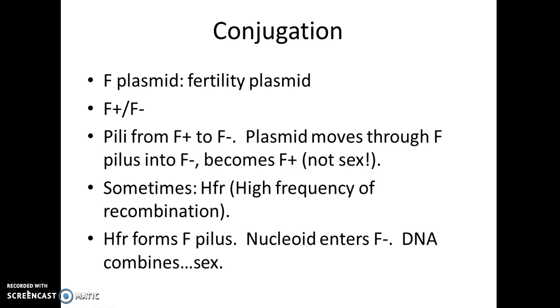Now, there are ways to transfer the F plasmid from an F plus to an F minus, and that is through a pilus. So a copy of the plasmid will move through the F pilus that connects the F plus and the F minus into the F minus. And when the F minus gets an F plasmid, it becomes F plus.